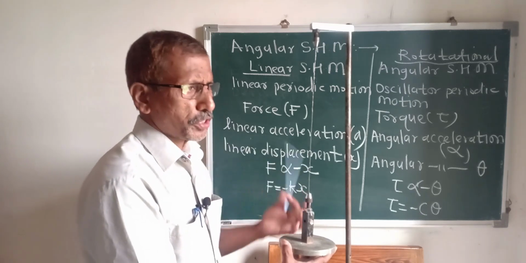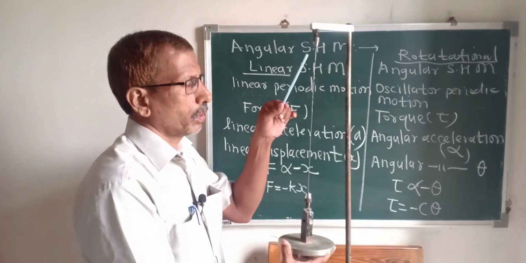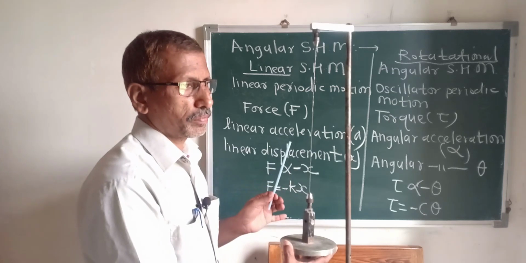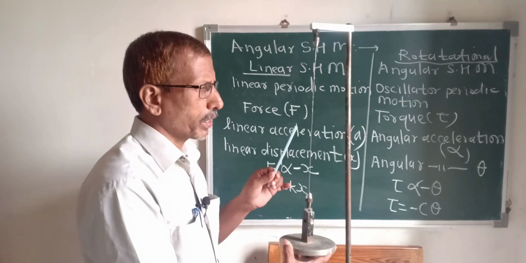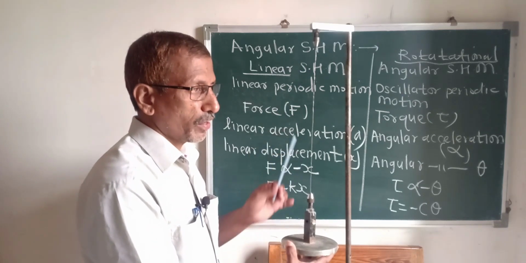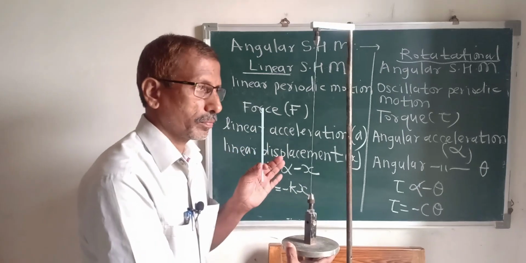When it is twisted, the cylindrical shape of the wire is changed, and so a restoring torque is developed in that metal wire due to the change in shape of the body.